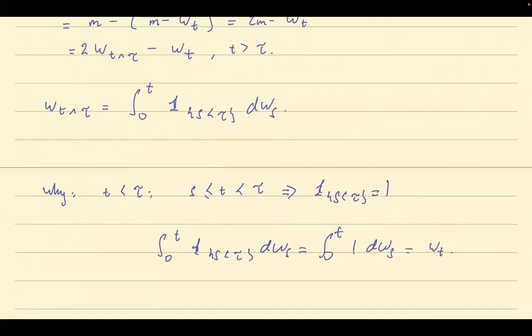You understand? So if you are less than tau, you just take 1, and you just integrate up to that.